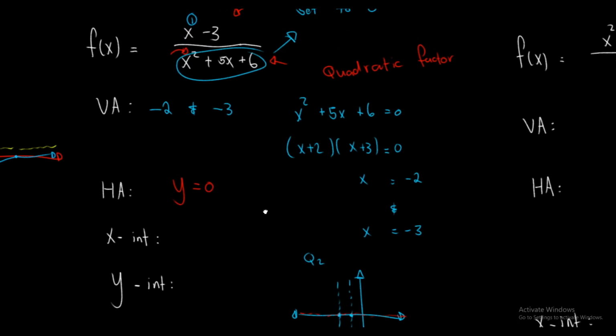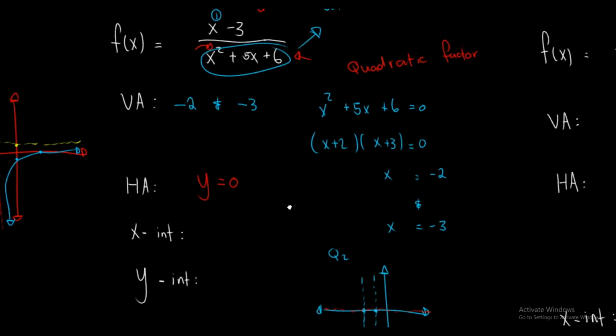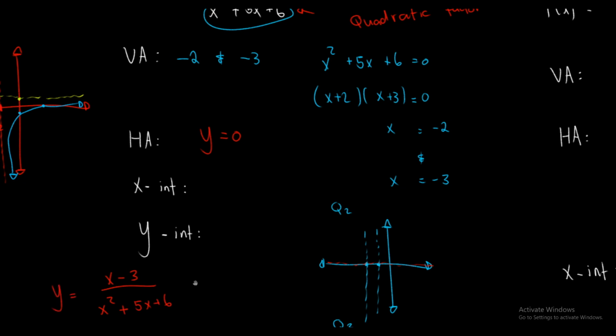So to find the x-intercept, let's find the y-intercept first. For the y-intercept, I just set x equal to 0, so I'm going to put it over here. It's x minus 3 over x squared plus 5x plus 6. So y is equal to this.